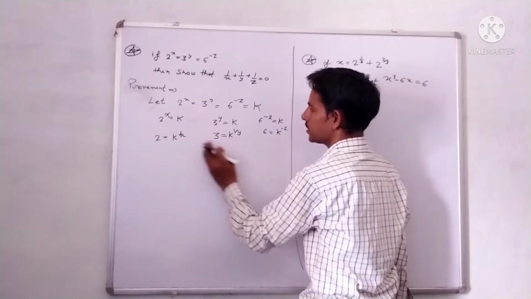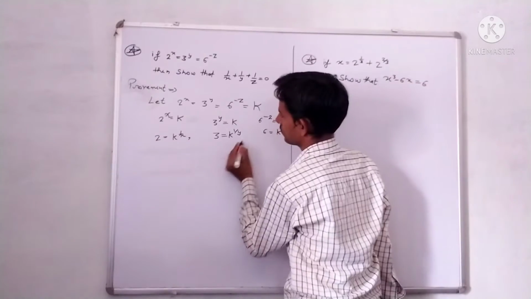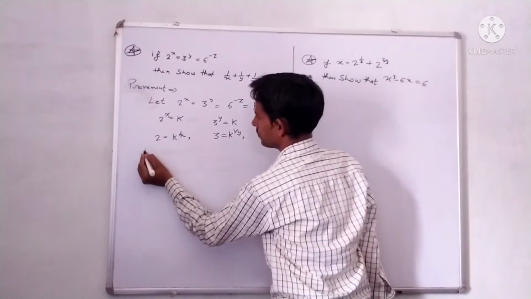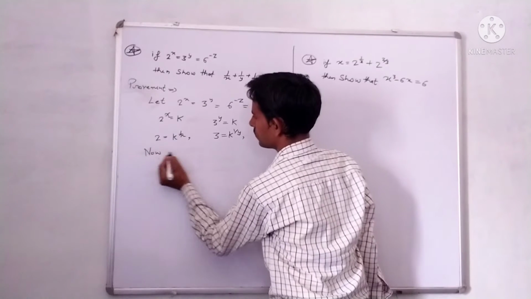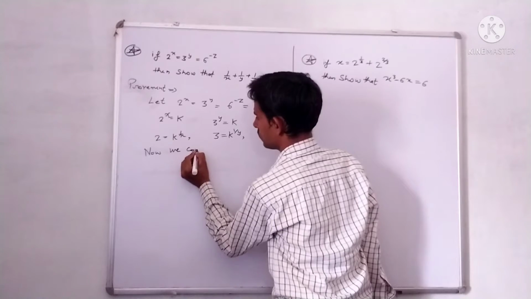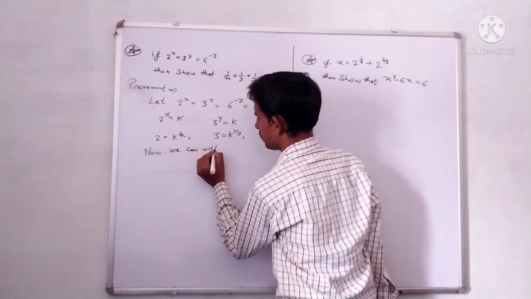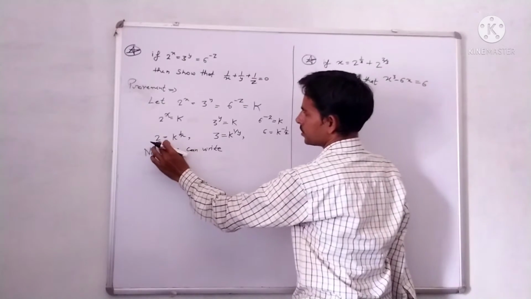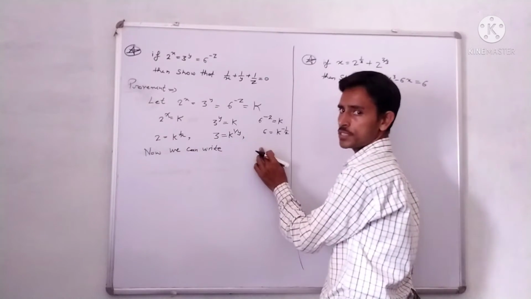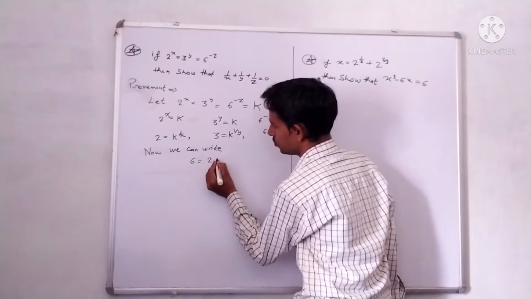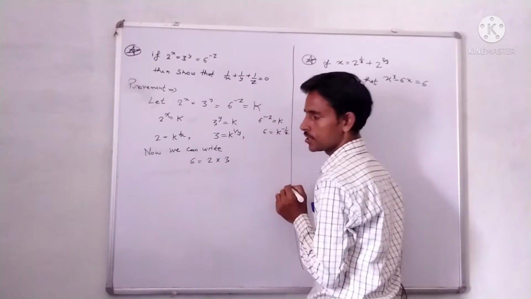We know 2 and 3 are the factors of 6. So we can write 6 equal 2 into 3.